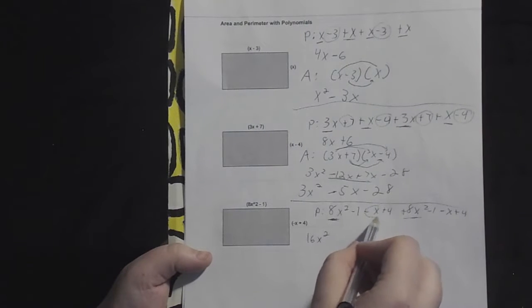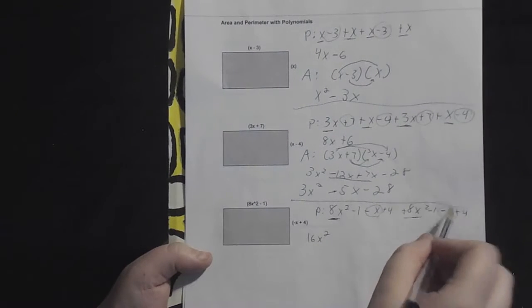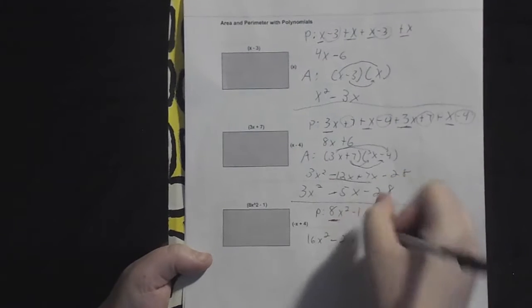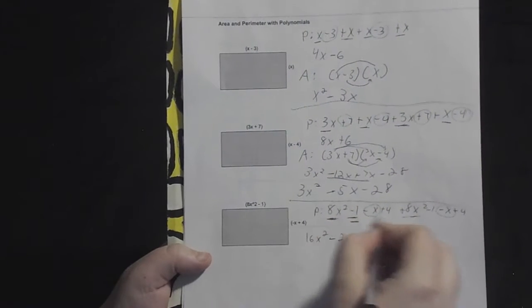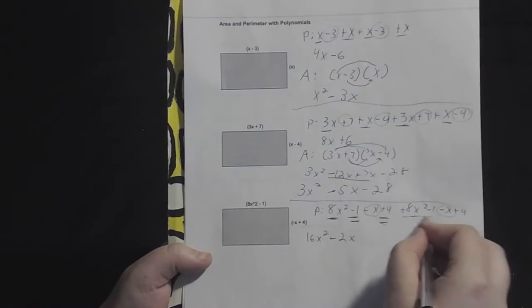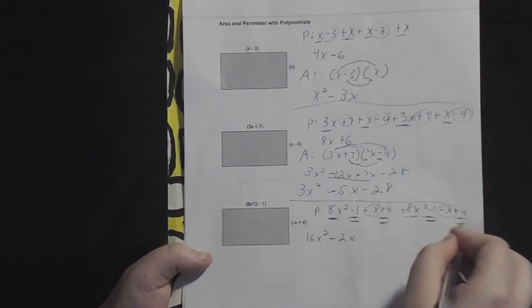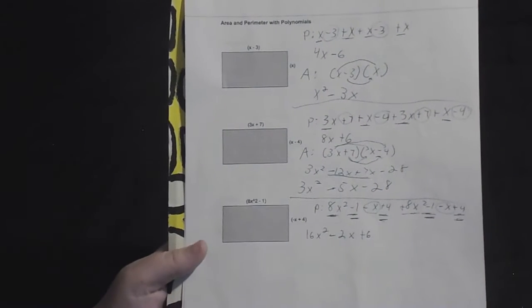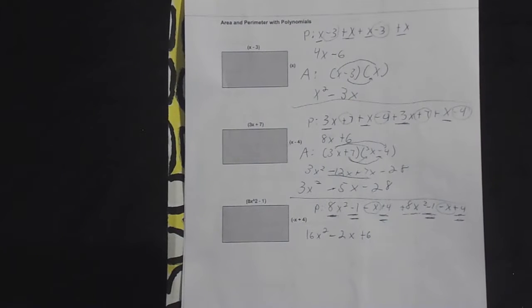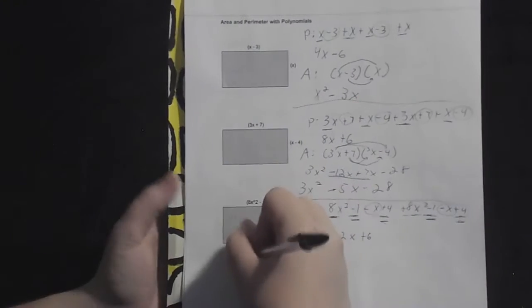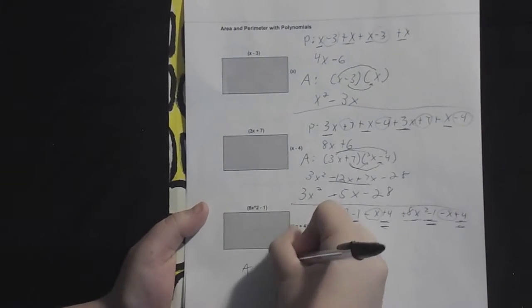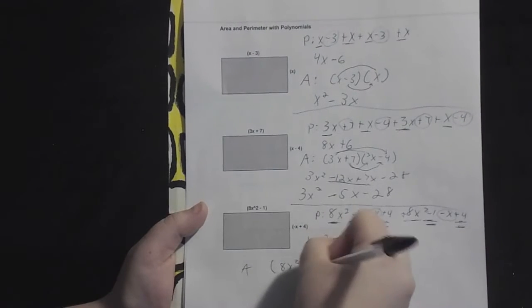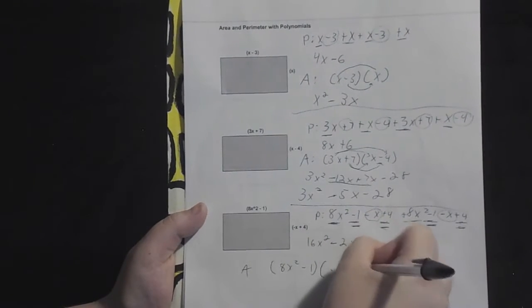Here's a minus x, here's another minus x, so together that's minus 2x. And then minus 1 plus 4 minus 1 plus 4 becomes a plus 6. And that's your perimeter. And then your area is you take one side times the other side.